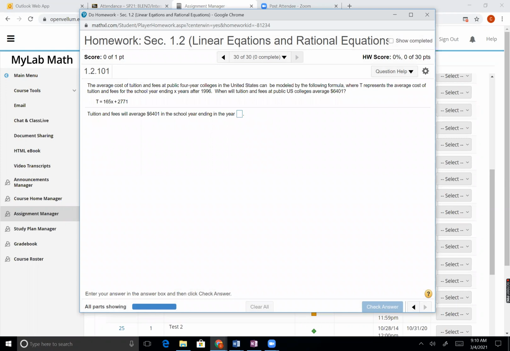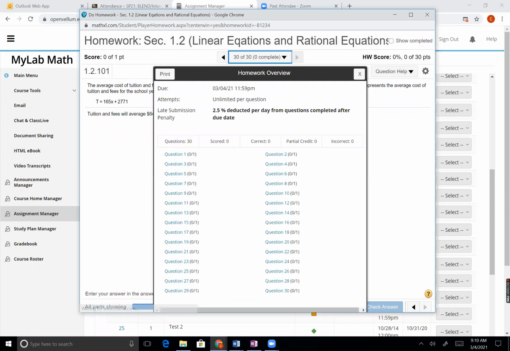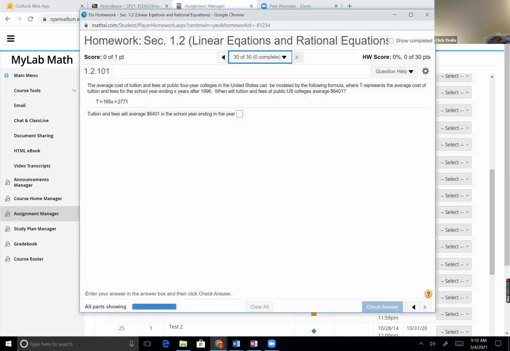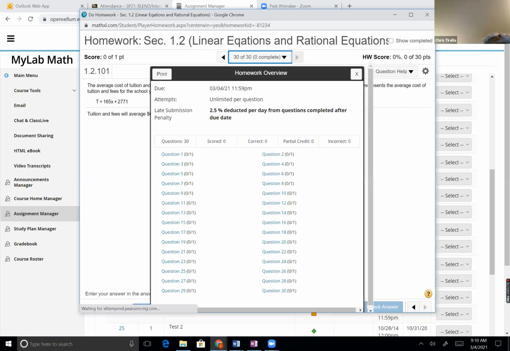It was like 26, I think. It was the last problem on 1.2. I think the problem that you're referring to is in 1.1, because 26 on 1.2 is what we just did. Oh, we did? Oh, sorry.